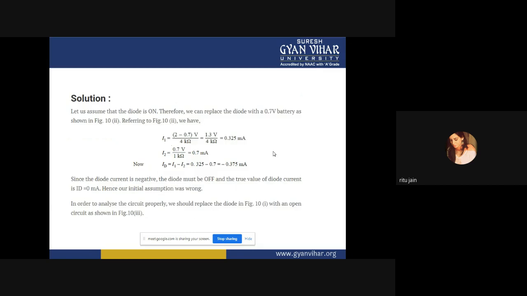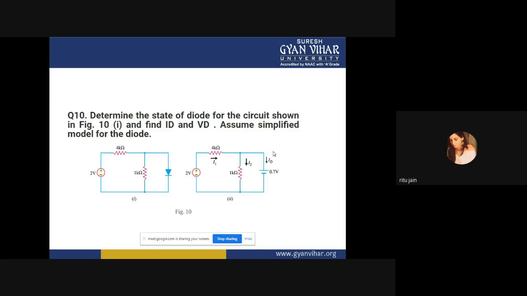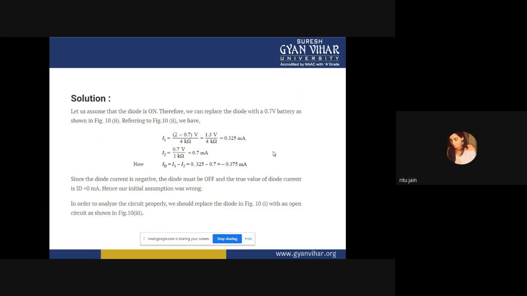Now let's solve this question. Let us assume that the diode is on. Therefore, we have replaced the diode with a 0.7 volt battery as shown in the figure.